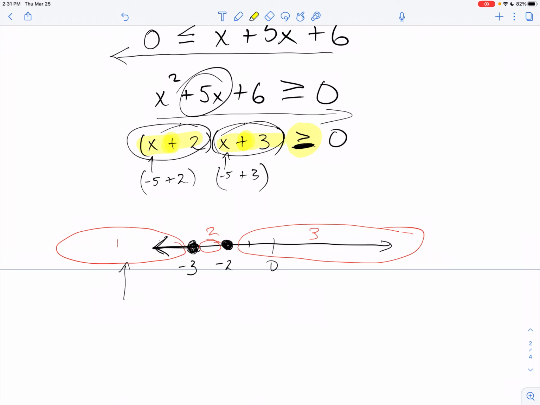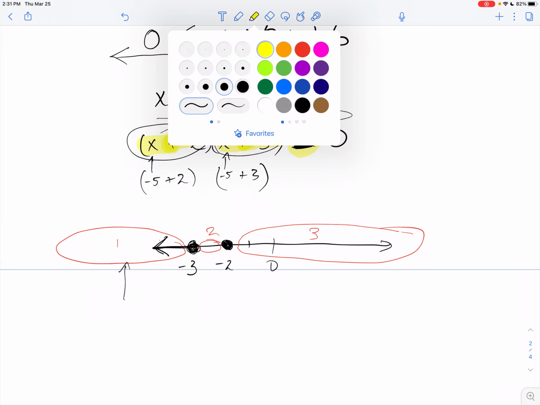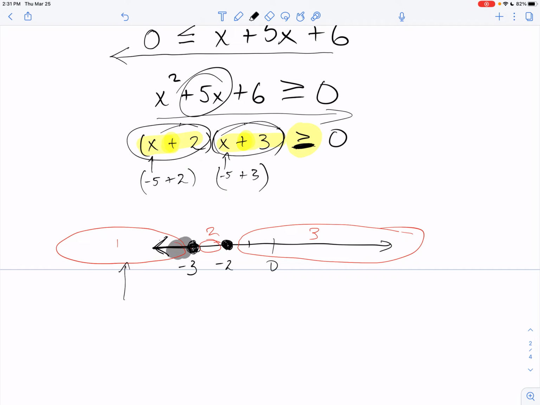You say all the information on the left of -3 is valid. It's good stuff. It's what I call okay. Now, between -3 and -2, let's pick an easy number like -1.5. Let's go back. I'm going to erase what I put here. Okay.